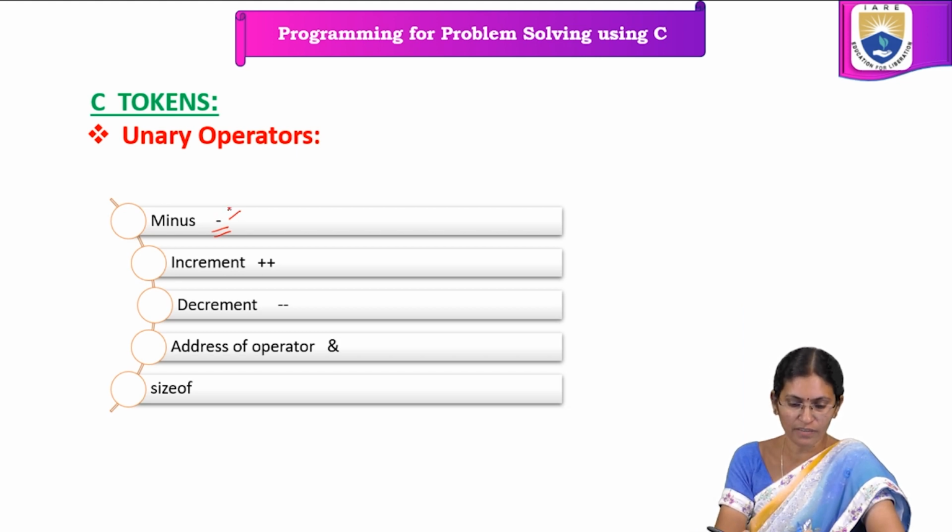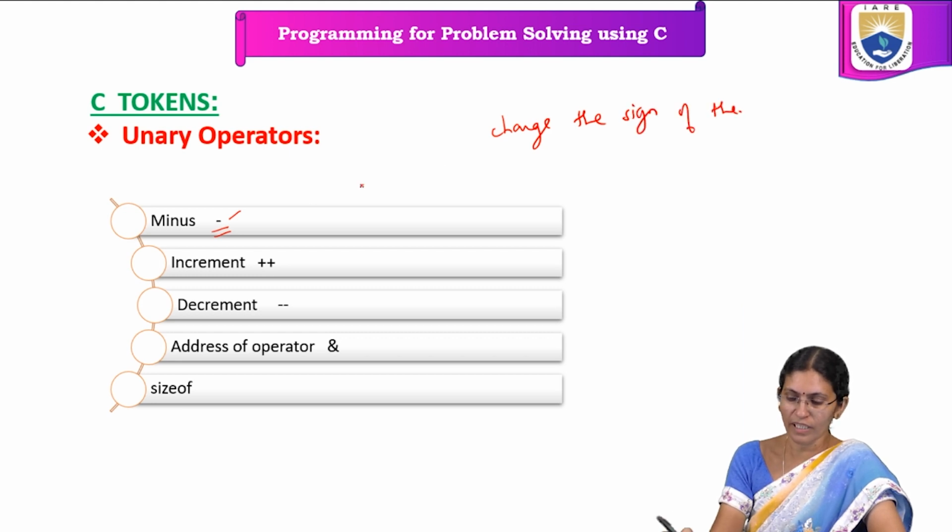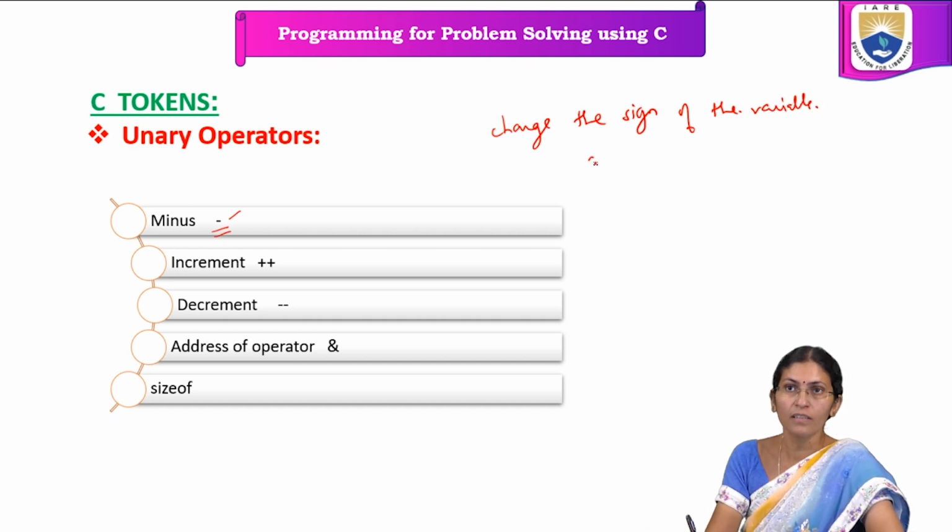This minus sign is used to change the sign of the variable. For example, x is equal to 5. If you apply this minus sign, the value of x will be minus 5.